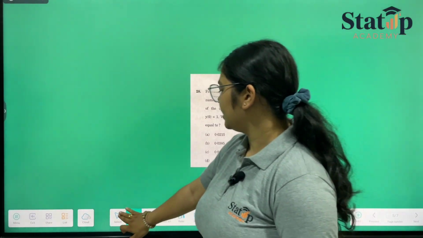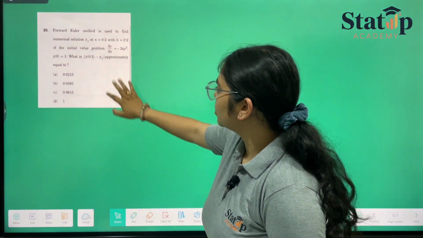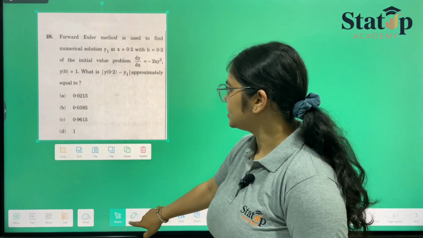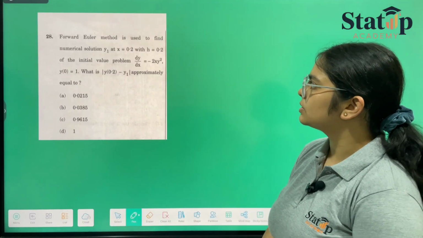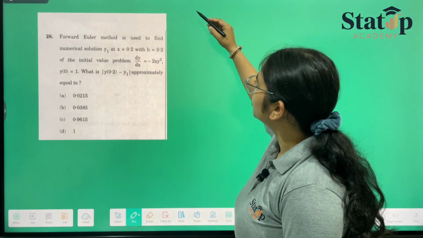First of all, we'll take into consideration our Euler method. This is the question of Euler method. I hope you all can see it. In this Euler method question, they have given us the values of x and y at x naught.